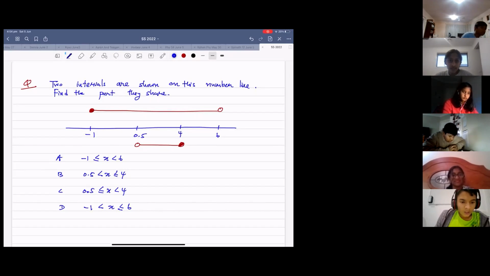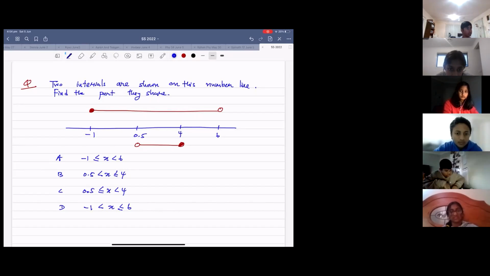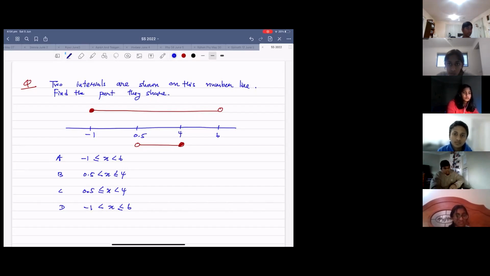That means the part which is common to both red lines. Okay, answer.